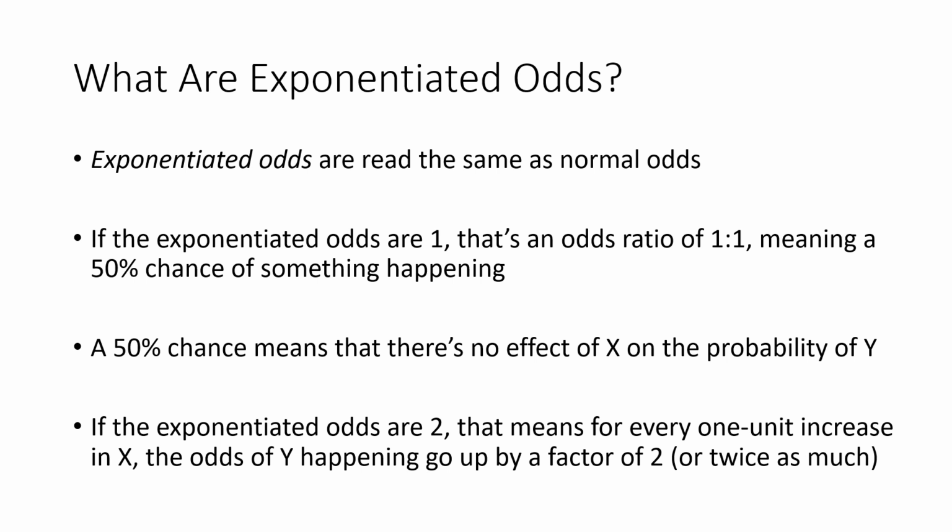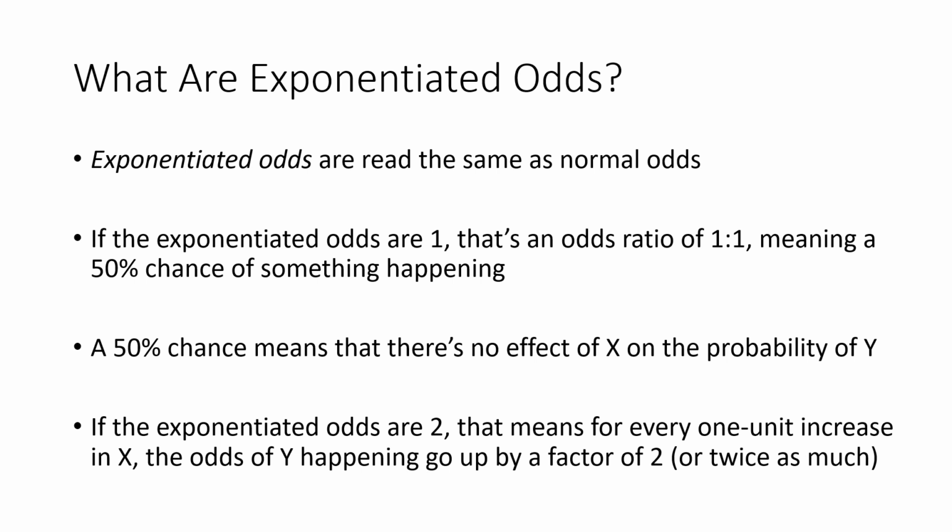And if there's a 50% chance of something happening given a particular input, given a particular independent variable, then essentially what we're going to conclude is that there's absolutely no effect of X on the probability of Y happening or not.